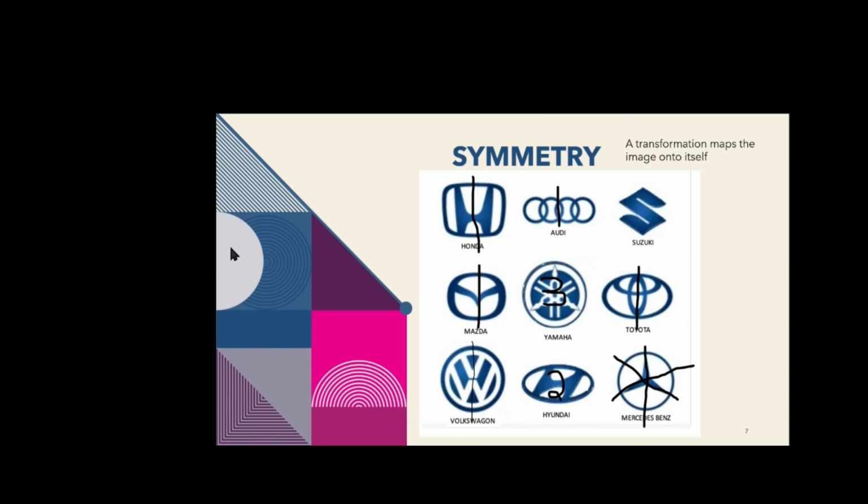Do you see any others that have rotational symmetry? The Audi one does. The Mercedes has threefold rotational symmetry. The Suzuki one has twofold rotational symmetry because I can spin the S and it lands on itself. So we say this has twofold rotational symmetry.